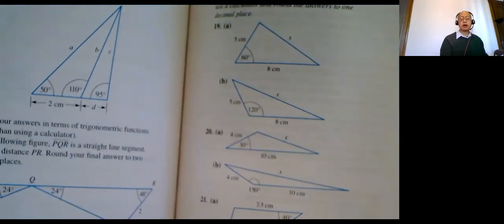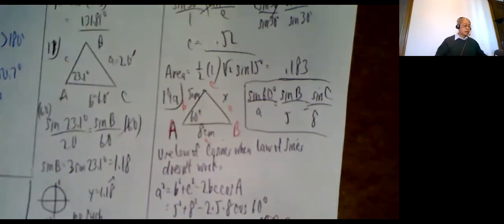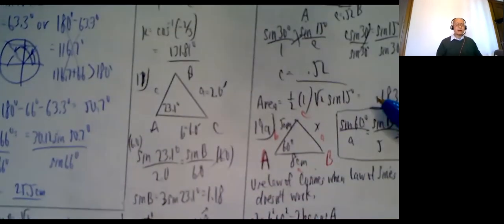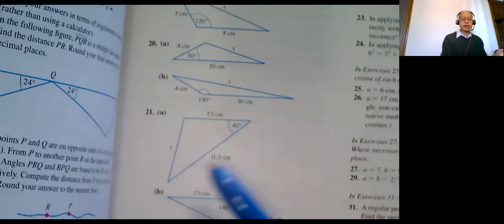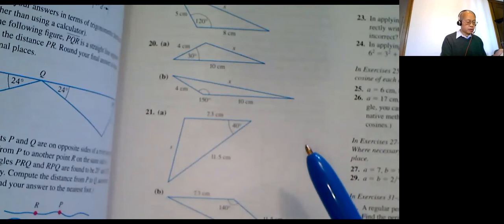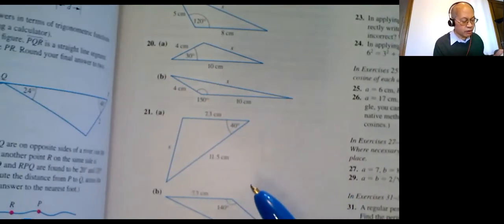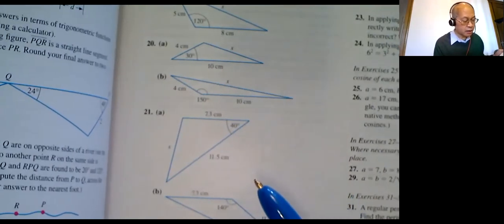So what we're up against tomorrow is law of cosines. If you label them A, B, and C, they're going to give you just one piece of information, and then you'll be kind of stuck.